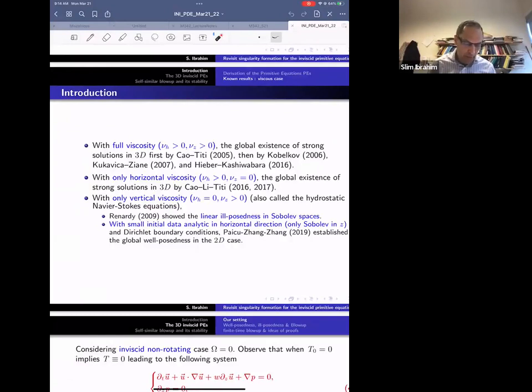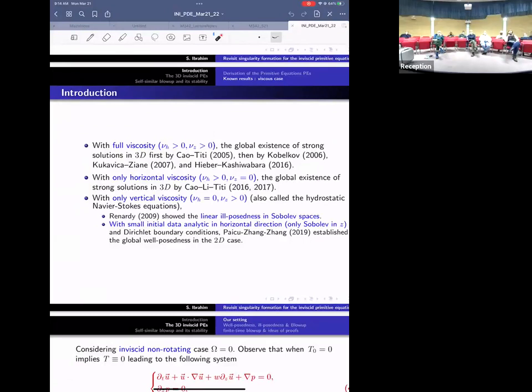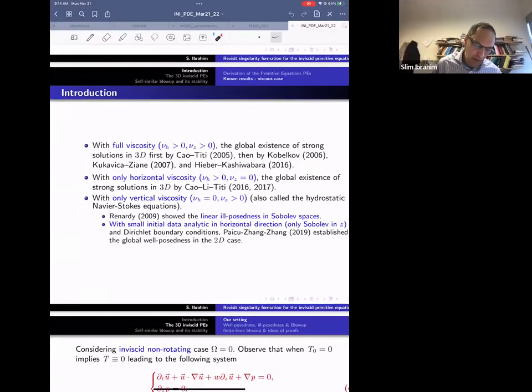But I will mention the most important results. When we have full viscosity, the striking result in this direction is by Cao and Titi in 2005, where they showed global regularity. So there is no singularity when we have full viscosity.